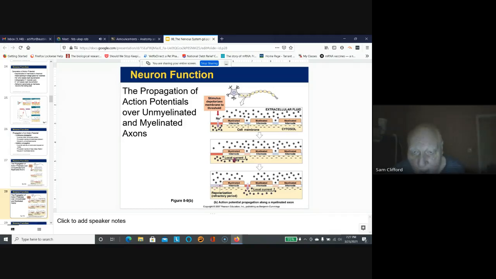So the whole way that a nerve spike or nerve impulse works is by the movement of different ions into the cell. As the voltage changes, different channels will open. So it's a sequential event of sodium in, potassium out, and that charge of sodium in leads to the depolarization and leads to repolarization with potassium.